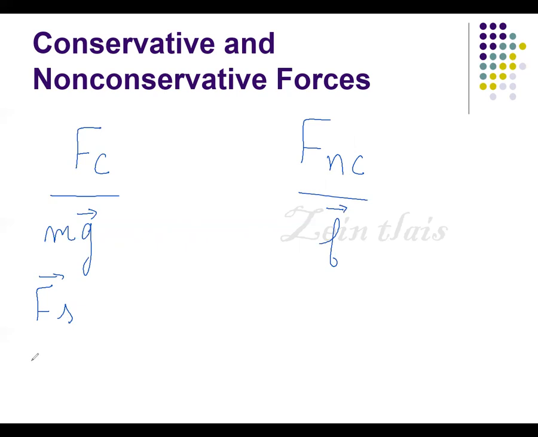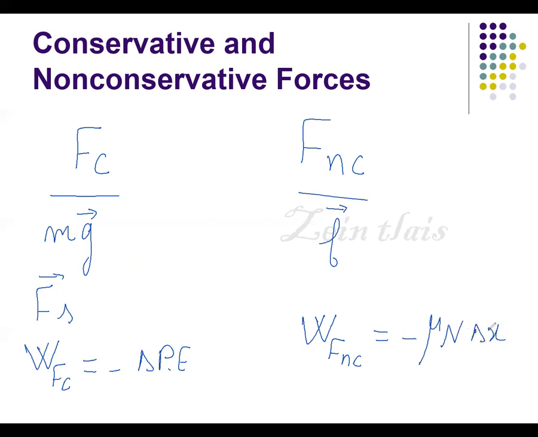The work done by the conservative force, mg or Fs, equals minus delta potential energy, but the work done by a non-conservative force, like a small f, equals minus mu n times the displacement. Okay?